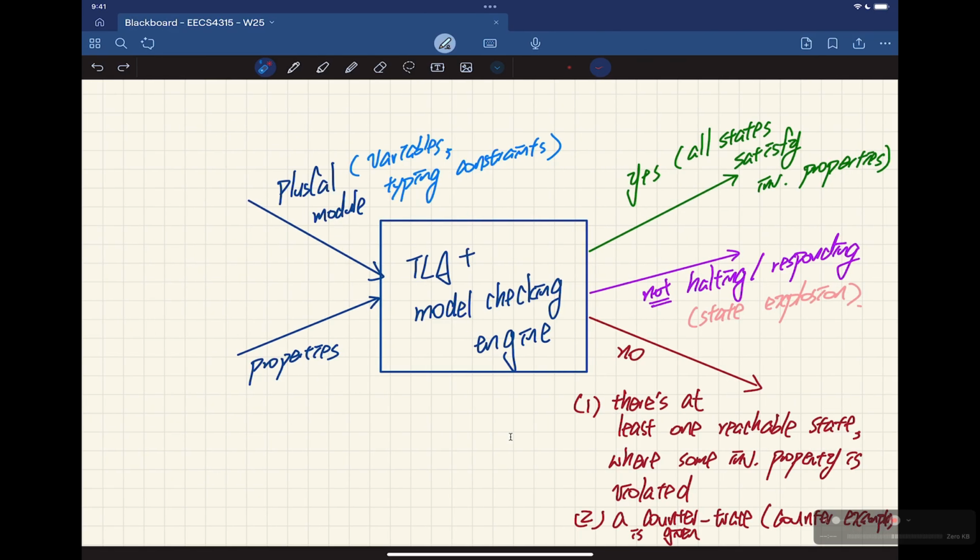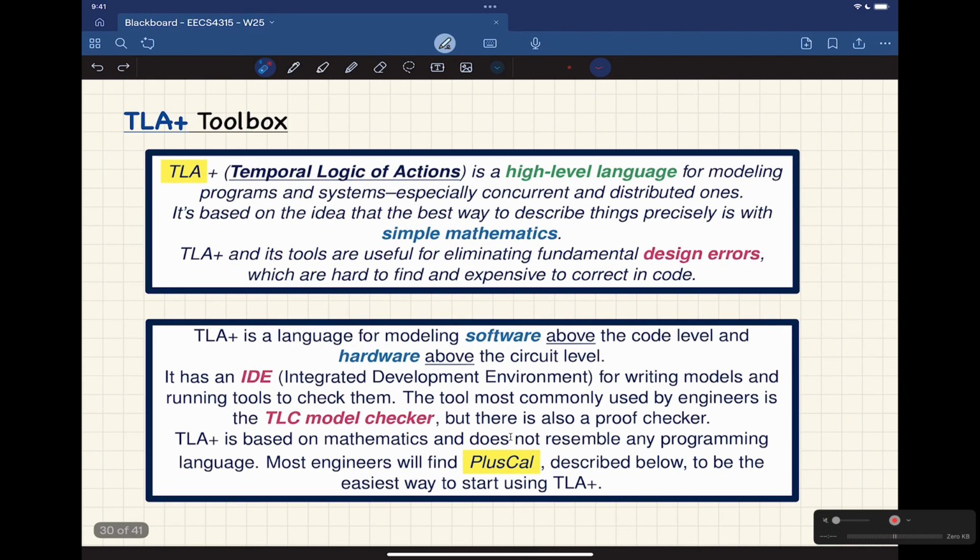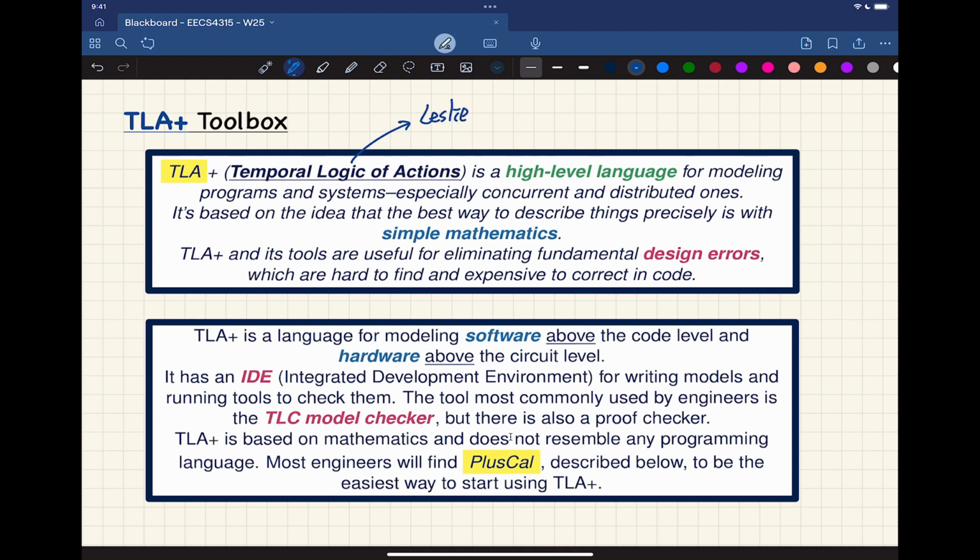I'll just go over some text together with you, right? So we are using the TLA plus toolbox. Okay, I'll also write some comparison in just a moment. So TLA is called temporal logic of actions. Just for your information, the inventor of TLA plus is someone called Leslie Lamport. Have you heard about this person before?